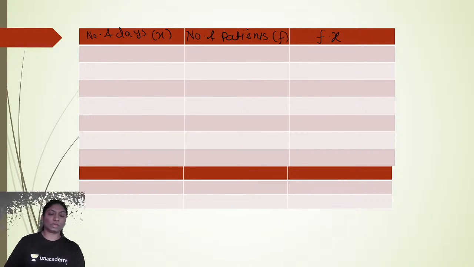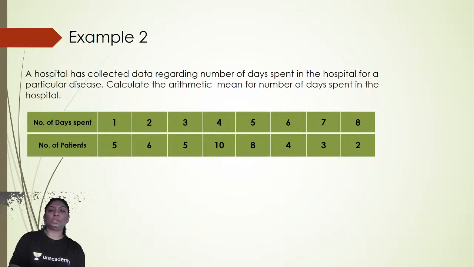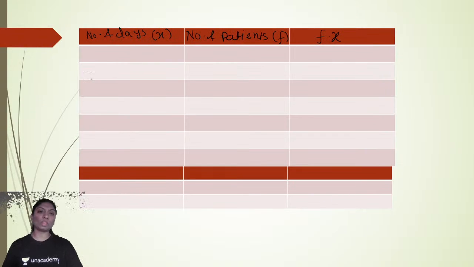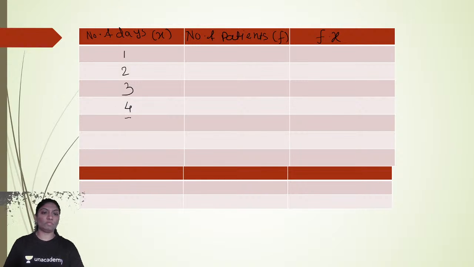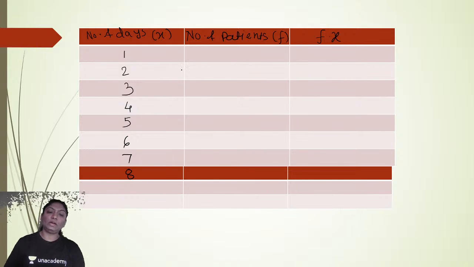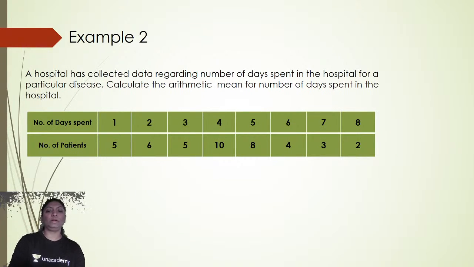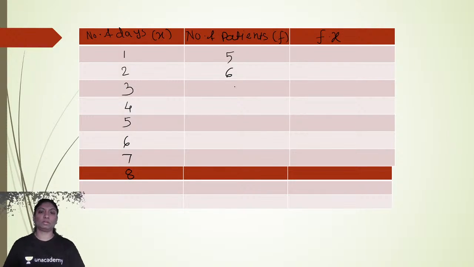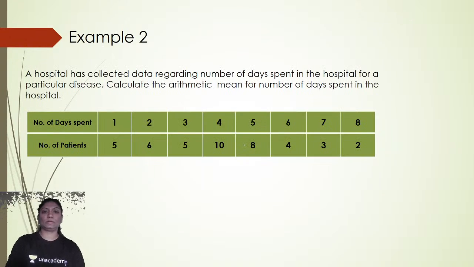Okay, so you can write down the data here: number of days 1 2 3 4 5 6 7 8. Now here we will see the number of patients: 5 6 5 10 8 4 3 2.